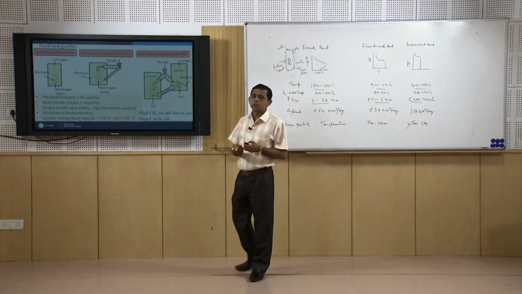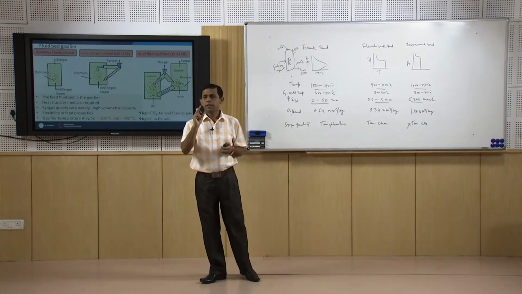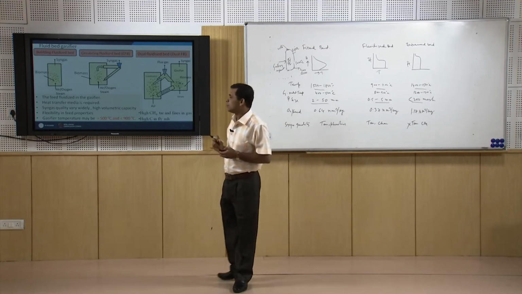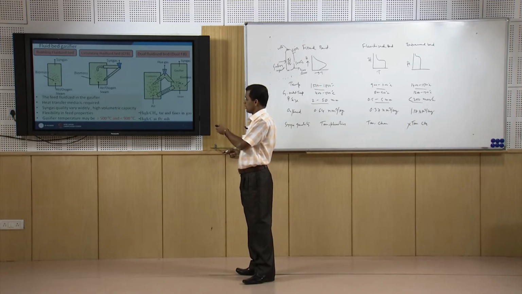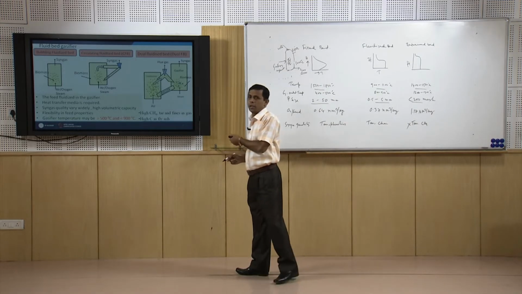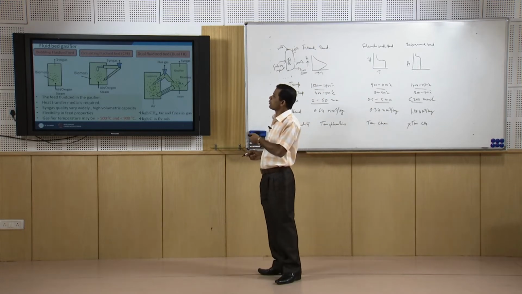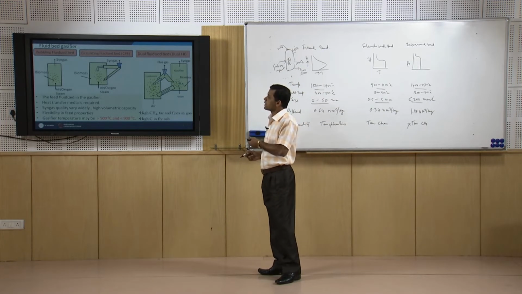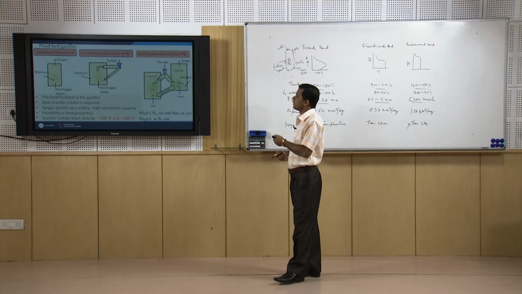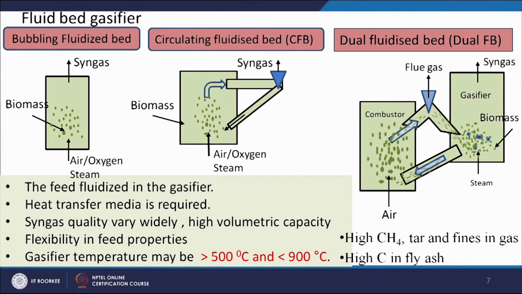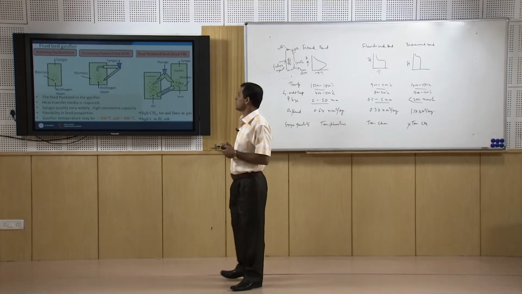Depending upon the velocity of the gasifying agent, we can get basically two types of fluidized bed gasifier: one is the bubbling fluidized bed and another is the circulating fluidized bed. The main difference is that the gasifying agent's velocity is higher in the circulating fluidized bed, and the unconverted materials are recycled to the gasifier. Here some heating media is required; sand is used for the transfer of heat.